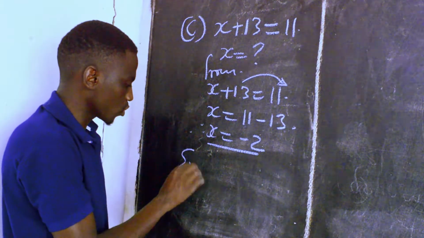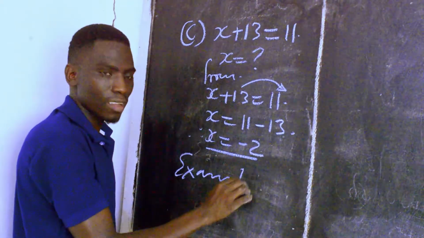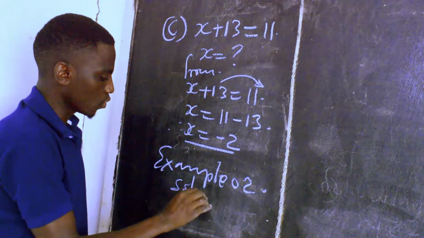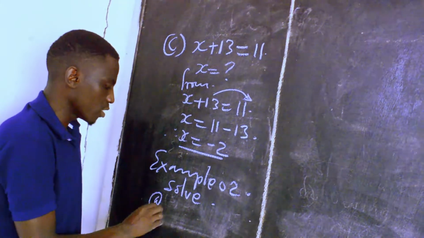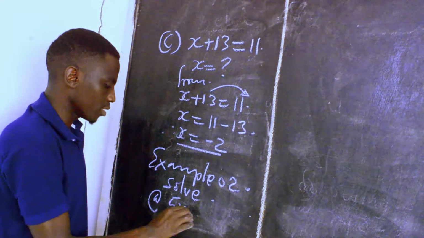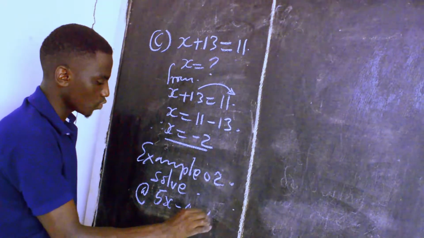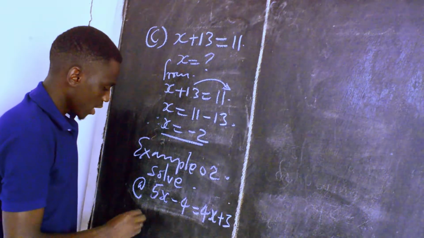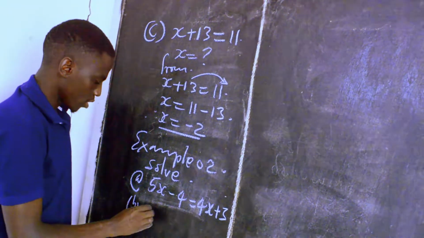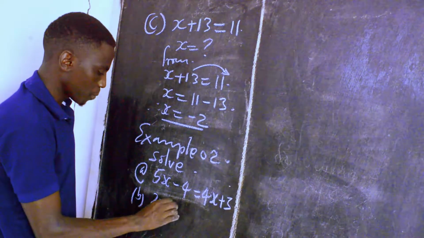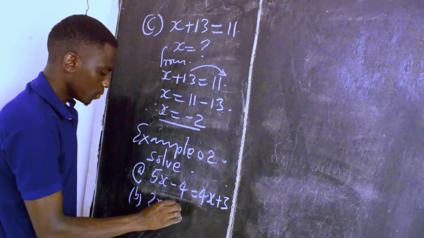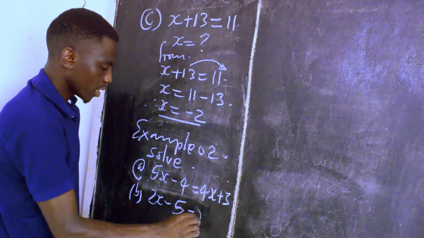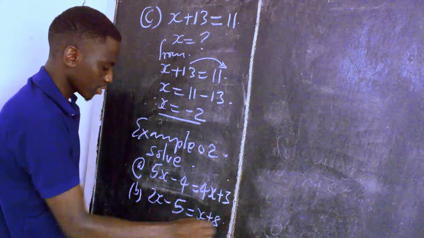Example 2, solve the following. Let's say A, you have 5x minus 4 is equal to 4x plus 3. Example B, you have let's say 2x minus 5 is equal to x plus 18.